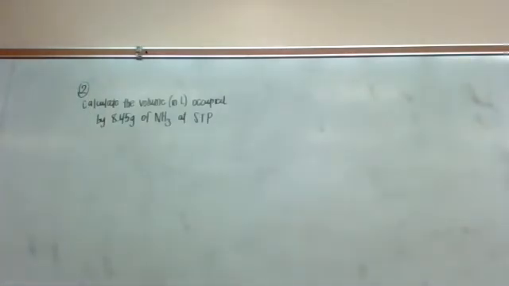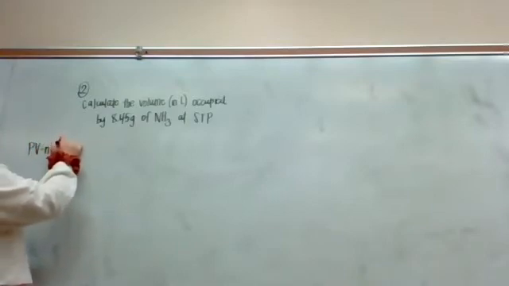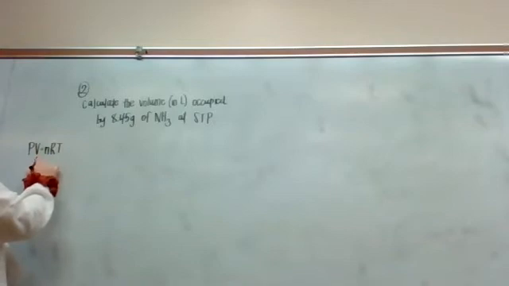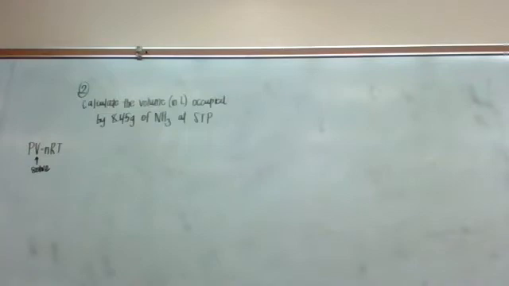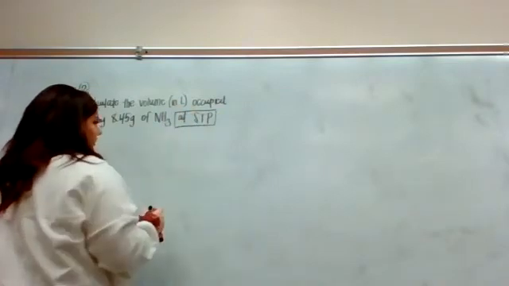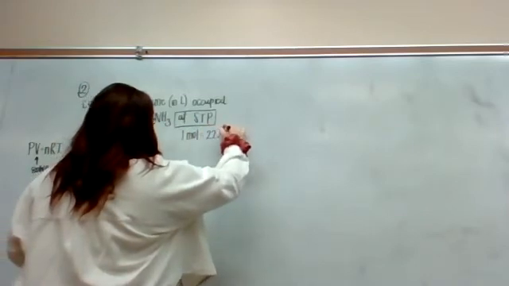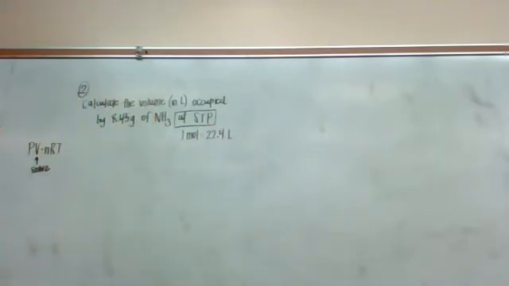There's two ways you can work this one. You could work this one using your ideal gas law, solve for V. Or because it says at standard temperature and pressure, you can use the standard molar volume. 1 mole of an ideal gas at STP is 22.4 liters.